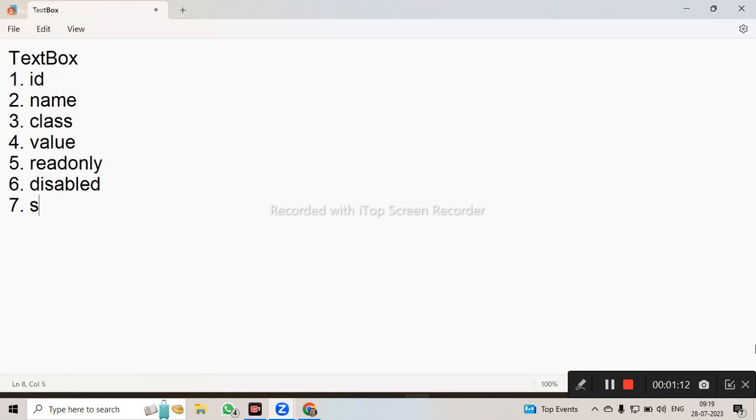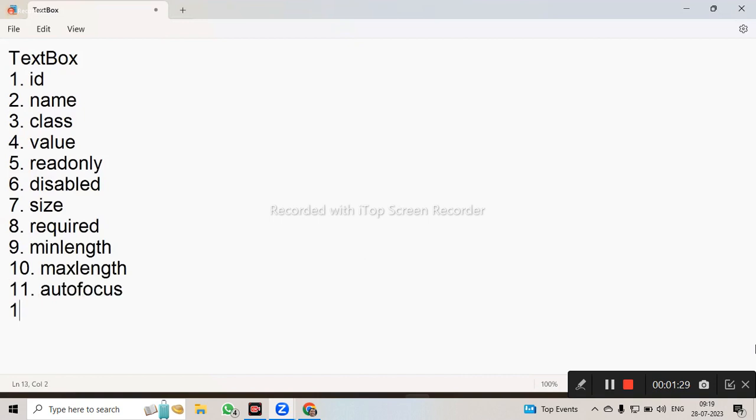So we have the width, and we can define required, min length and max length. We can configure autofocus, and we have a placeholder and a list.